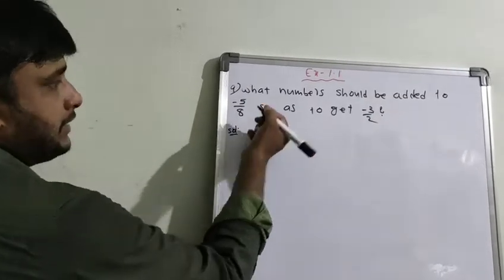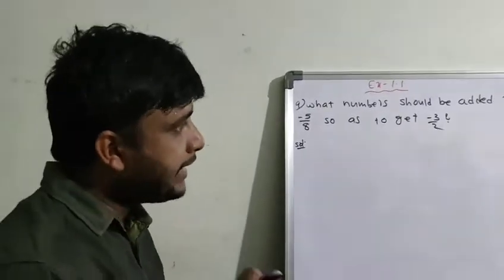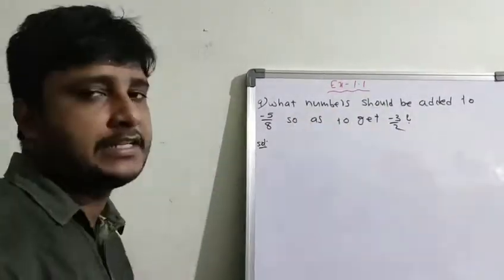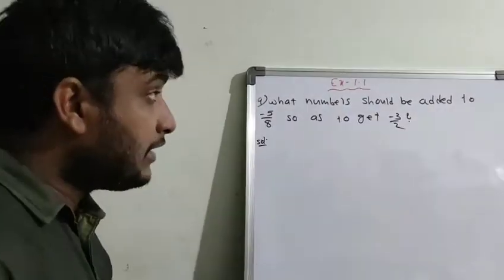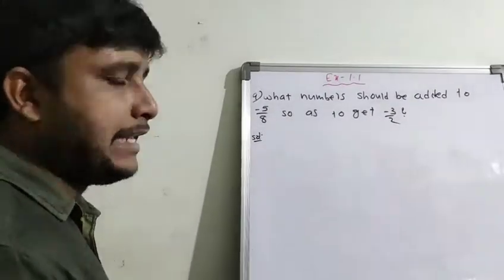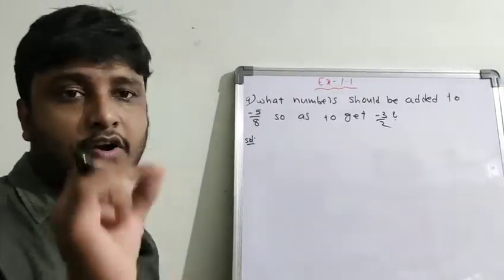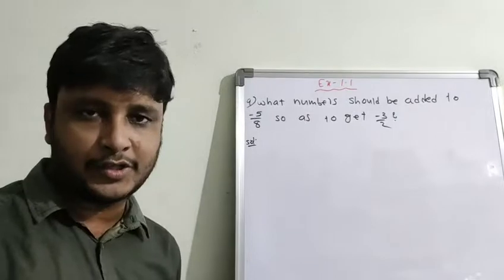Students, look at the 9th question. What number should be added to minus 5 by 8 so as to get minus 3 by 2? We don't know what that number is, so I will take it as x. This is a question connecting algebra and the rational number system.